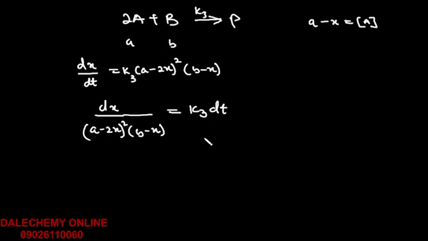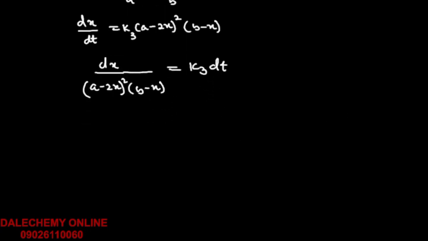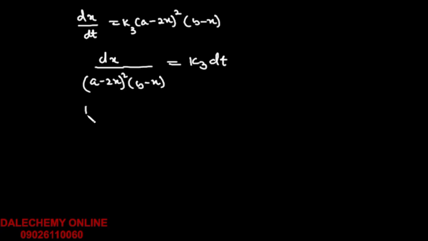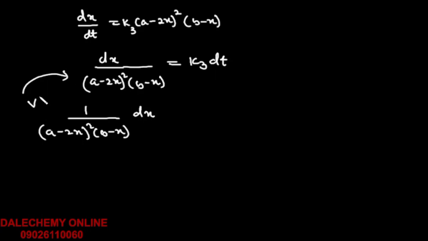So it can be 1 over a minus 2x squared, then b minus x times dx. These two are the same, so I just try to express it in another form. So that's going to be equal to K3 dt.